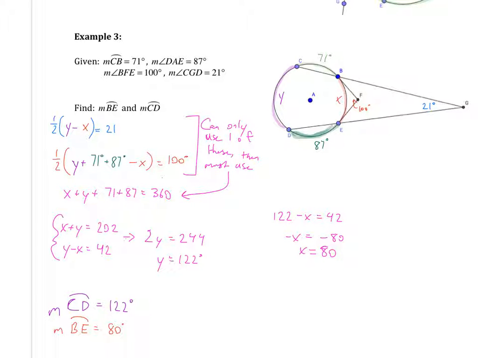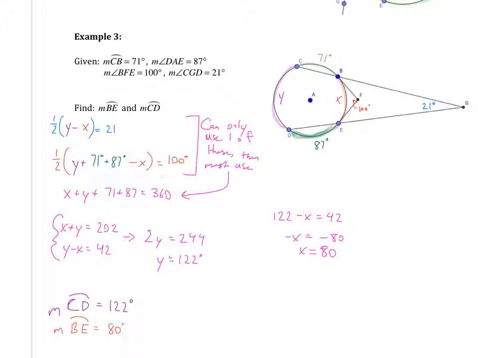I have two different ways we can set this up, but then we know that the whole thing has to add up to 360. So you could set it up with one of these equations. It would work out okay, but I think this is the easiest equation for you to use. Then one of these, depending on which one you're thinking of.